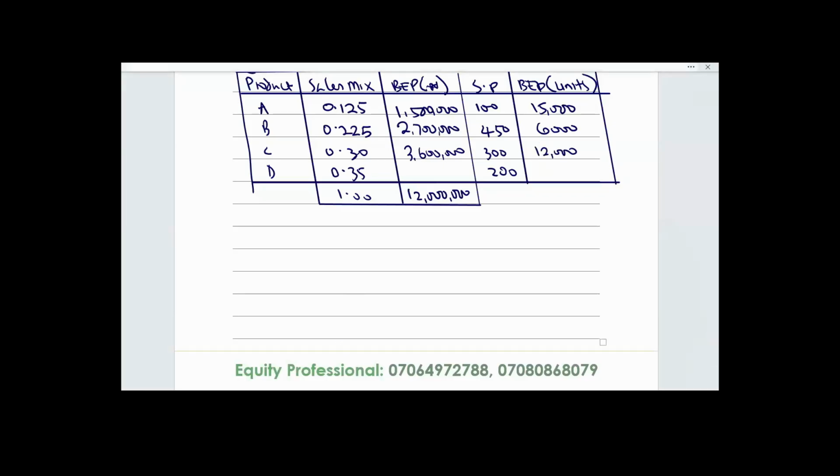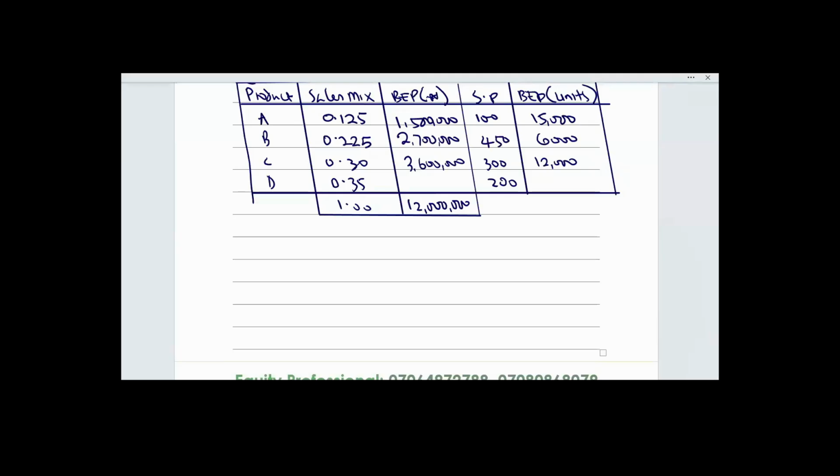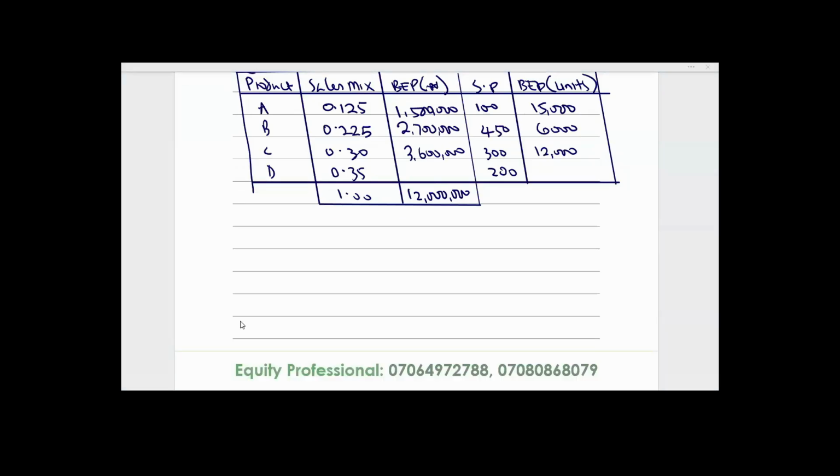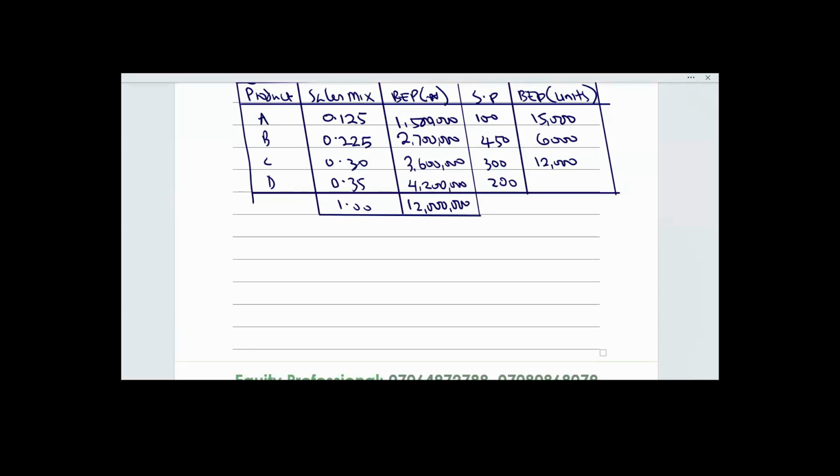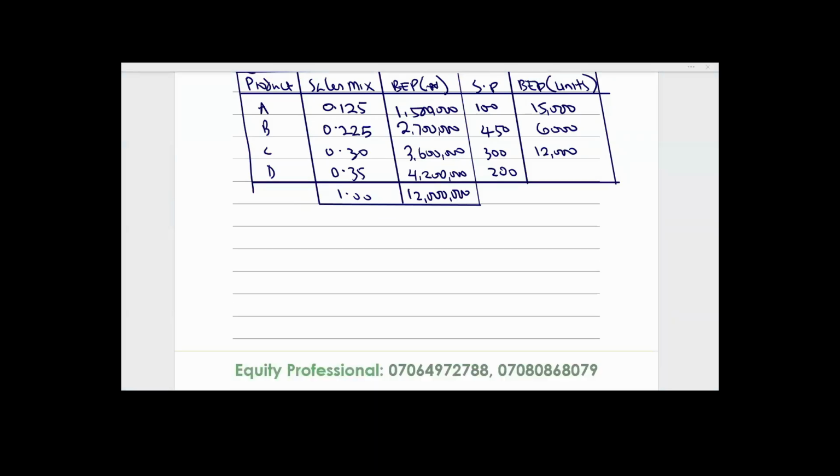The last one, 12 million multiplied by 0.35, 4.2 million, then divided by 200, 21,000 units.